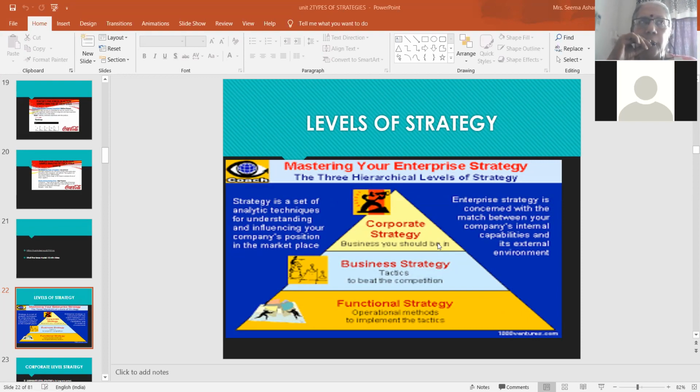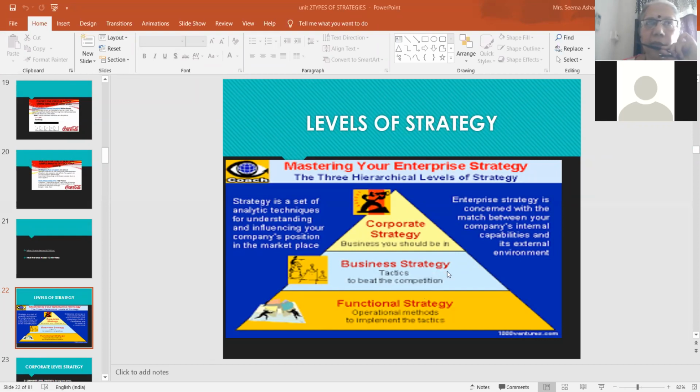So, when we formulate strategies, we should be clear about the different types of strategies, right? So, basically, there are three levels of strategies. If you remember in Unit 1, we have discussed this in detail. We have first the corporate level strategy, business level strategy, and the functional level strategy.